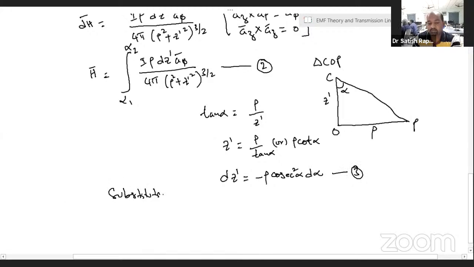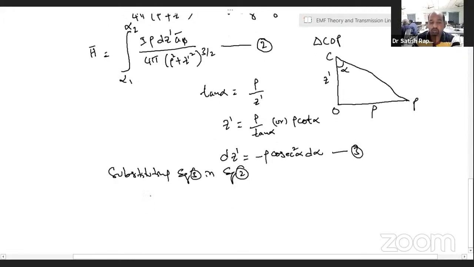So therefore, substituting equation 3 in equation 2, what we'll get is H bar is equal to integral alpha 1 to alpha 2 I rho minus here dz dash.